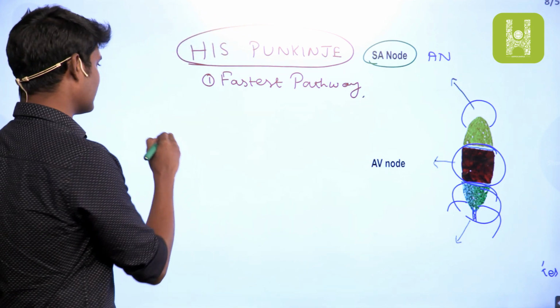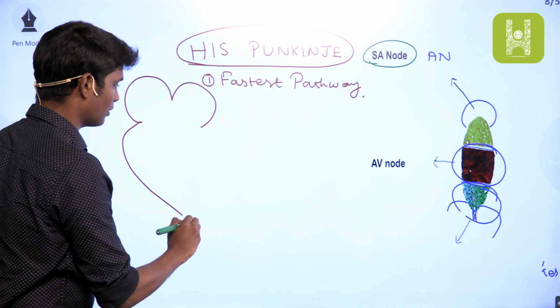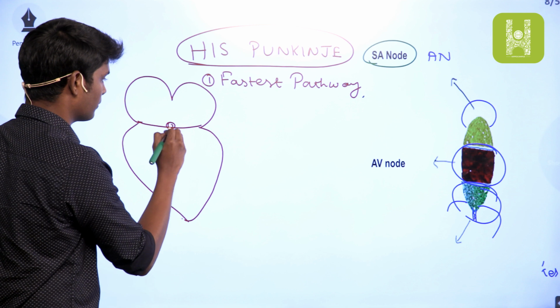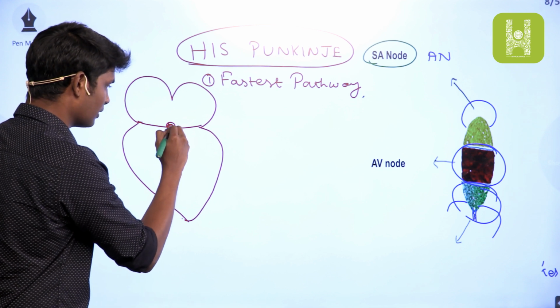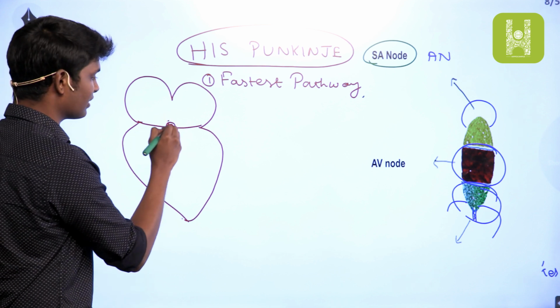So let me draw the diagram of the heart again. This is the bundle of His. This is the AV node.